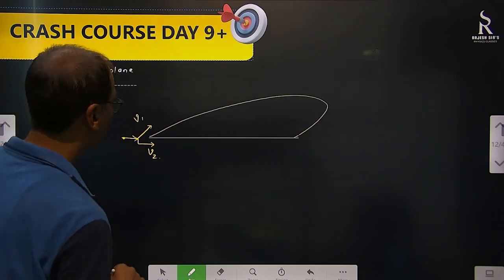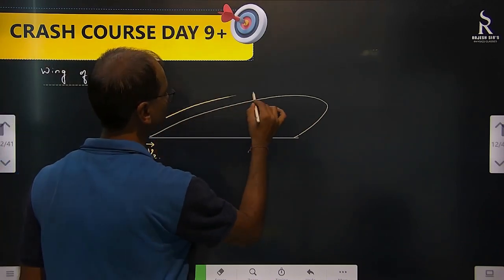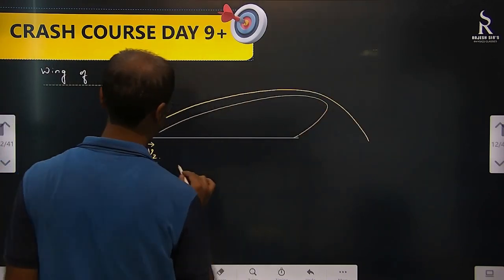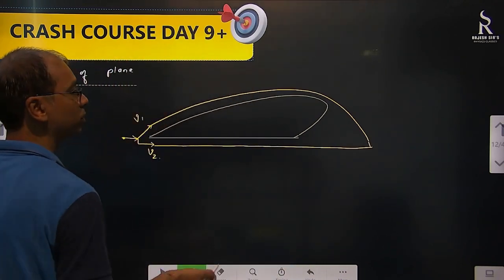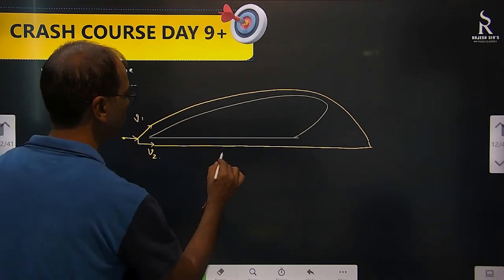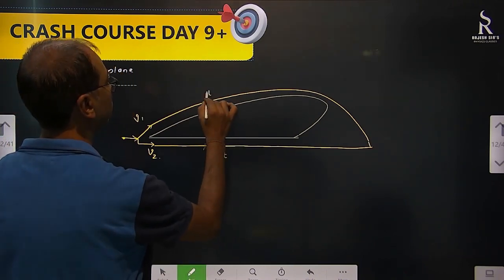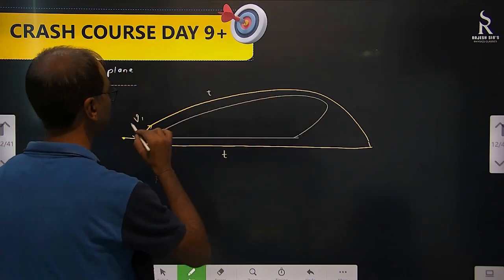The same air travels this much and reaches here, whereas this is moving like this. Both have to reach that point at the same time. This also takes t, this also takes t. Now whose velocity is more? Obviously this is traveling more distance, so V1 will be more than V2.